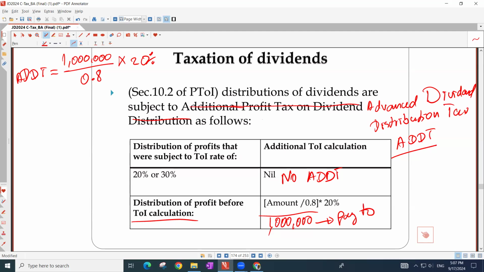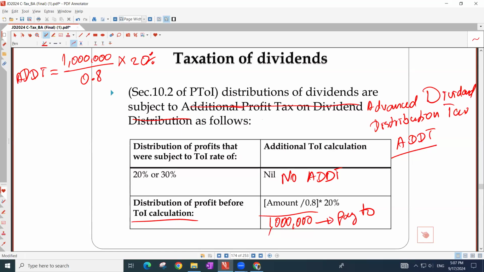Why divide it by 0.8? Because the income tax calculation is based on the amount before tax deduction. Remember the withholding tax we discussed? The amount that the person receives is the amount after tax. Why 0.8?